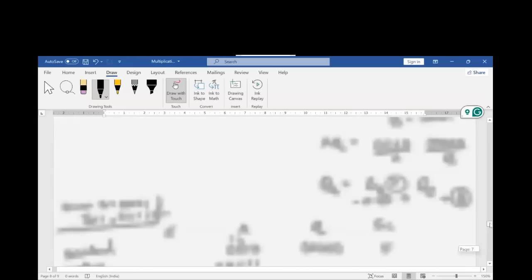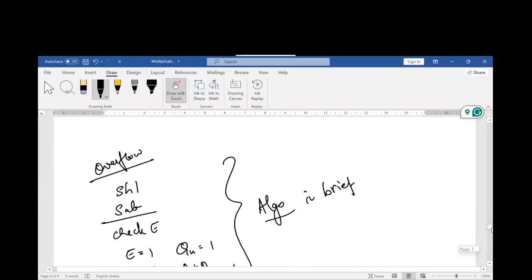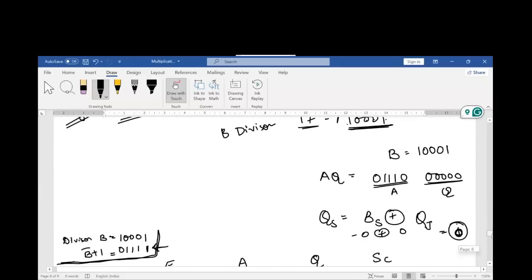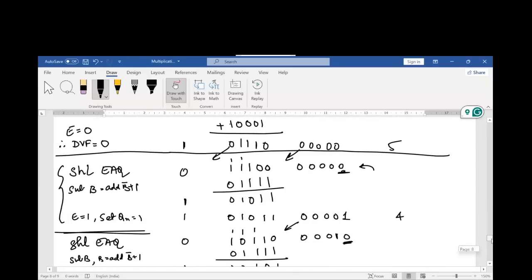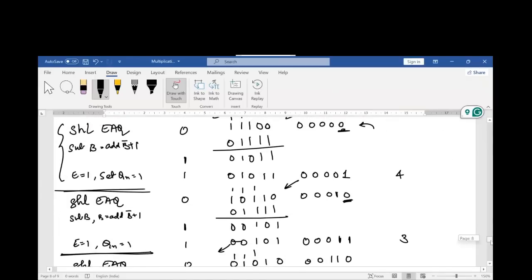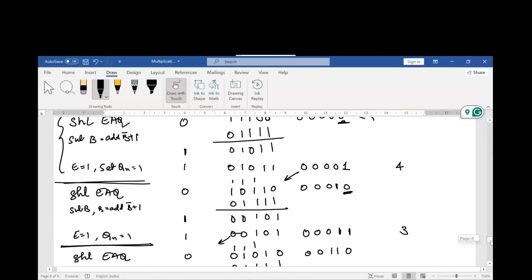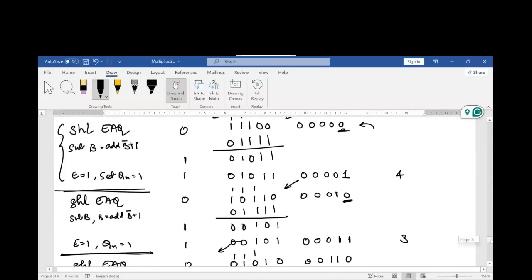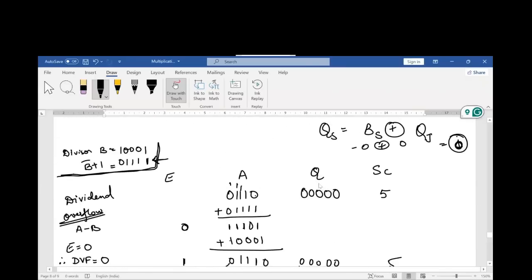The only thing is perform shift left, carry out subtraction. If E is 0, add B, and if E is 1, set Qn to 1. This is your Qn, last LSB of Q. LSB of Q is your Qn. Okay, so this was the restoring algorithm.